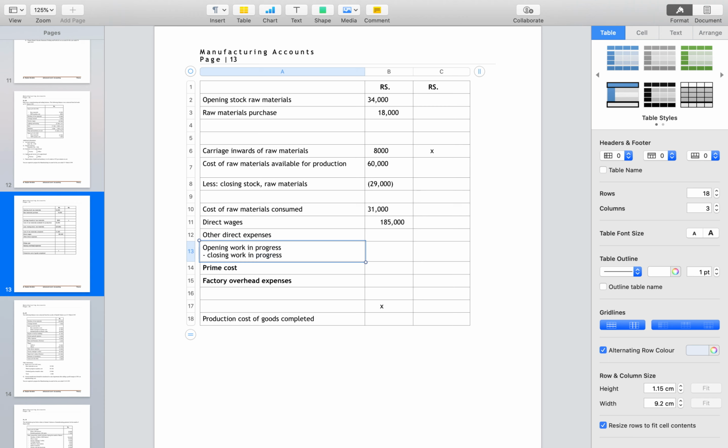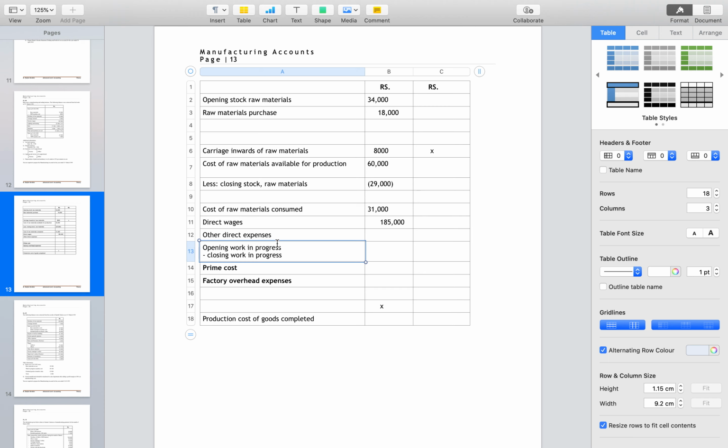Okay, so again a quick summary. Work in progress is normally taken at the end, just before your last answer. But like this question, if they specifically tell that work in progress should be taken at prime cost, just before you calculate your prime cost answer, you mark the two work in progress figures, opening work in progress and closing work in progress.